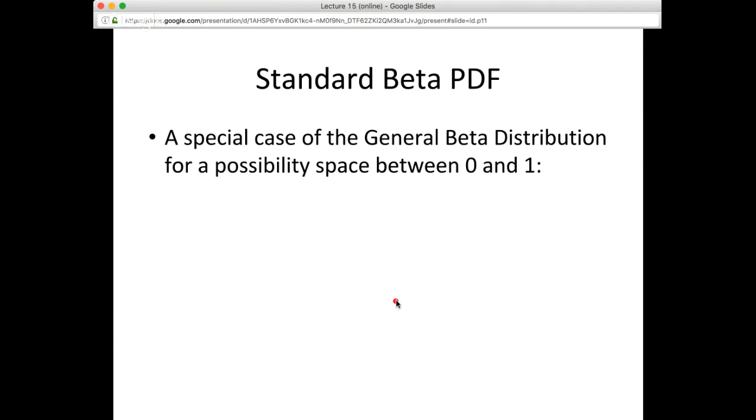So just like the normal distribution, where we had a standard normal distribution, that was special in the sense that the standard normal had a zero mean and a unit standard deviation. We could solve problems using the standard normal by transforming real problems, in which the distribution would not have a zero mean and a unit standard deviation.